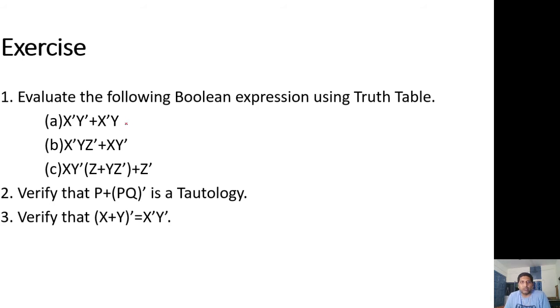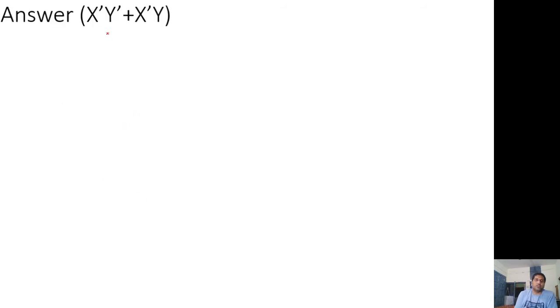Now we are going to solve some of these questions. The first question is x bar y bar plus x bar y. First we have to find out the total number of variables. Here the variables are 2, x and y. So the total number of possible input combinations is 2 raised to the power 2, which is 4.